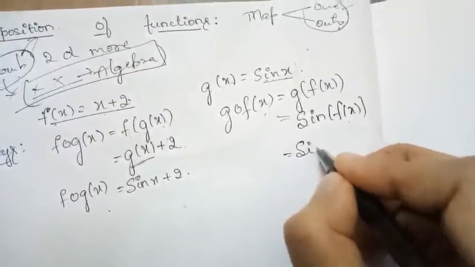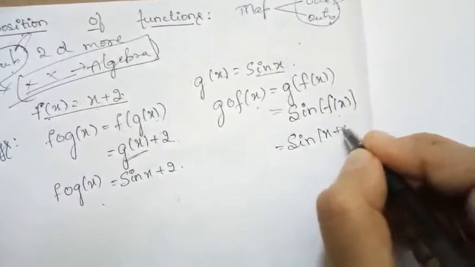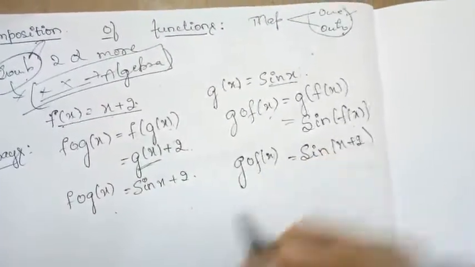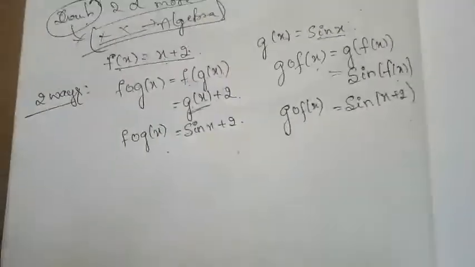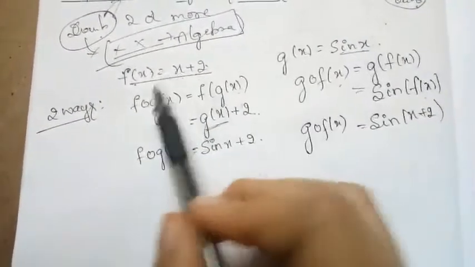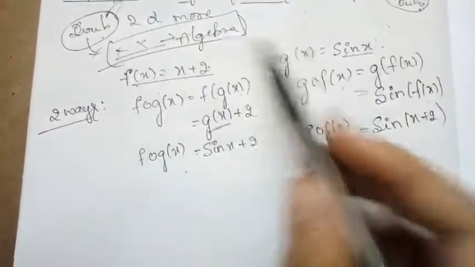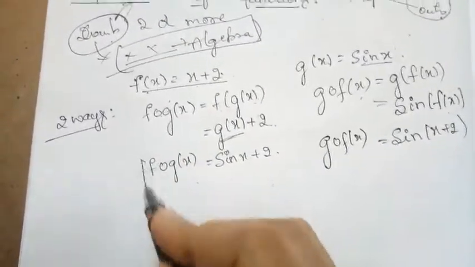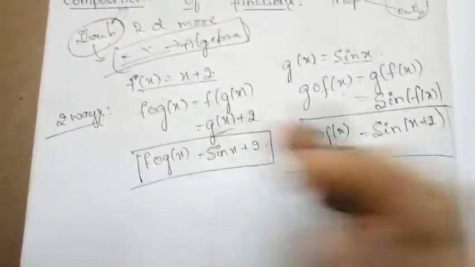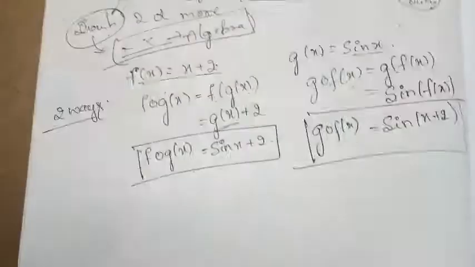So it becomes sin of x plus 2. Now you can clearly observe, the composition of two functions leads us to another function.